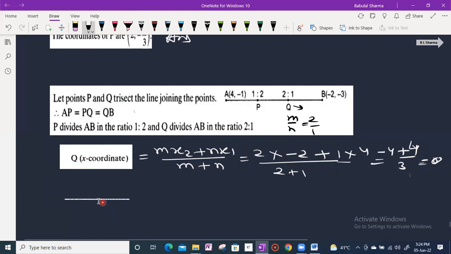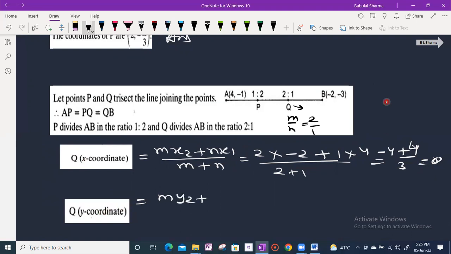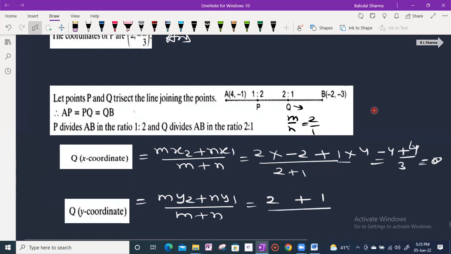Similarly, the y coordinate of the same point will be, using the same section formula, for y we write (my2 + ny1) upon (m + n). For Q, m is 2 and n is 1, so we write here 2 and 1. y2 is minus 3, so we write here minus 3, and y1 is minus 1, so we write here minus 1.